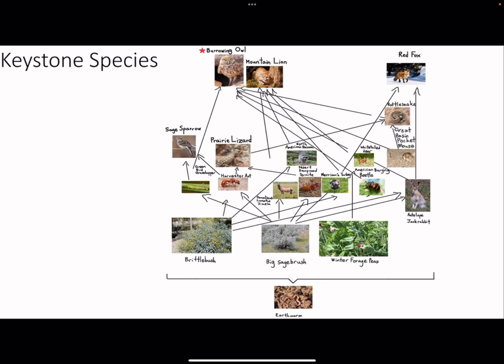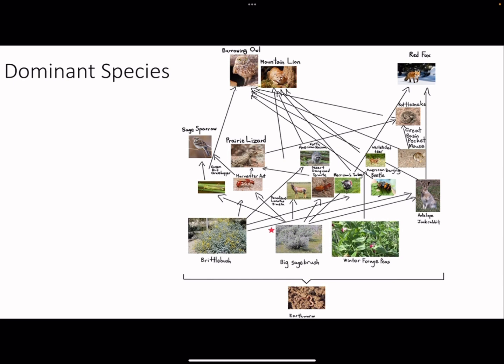If burrowing owls are extinct, the organisms that are once preyed on by the burrowing owls will possibly grow exponentially, and those organisms that are the prey of the organisms that grow will drop drastically. The dominant species in this food web is the big sagebrush.